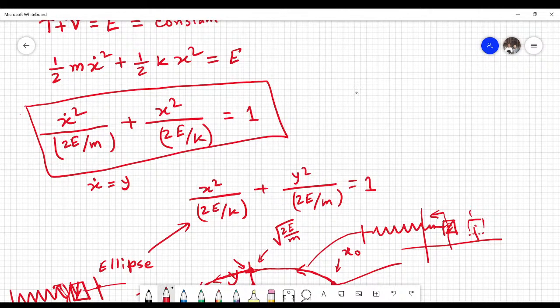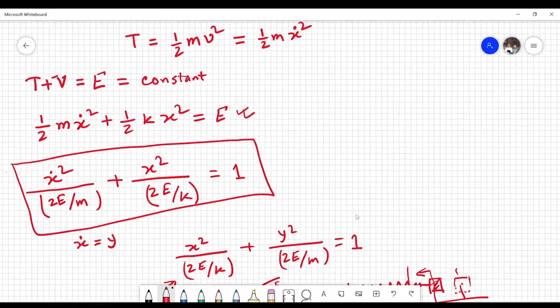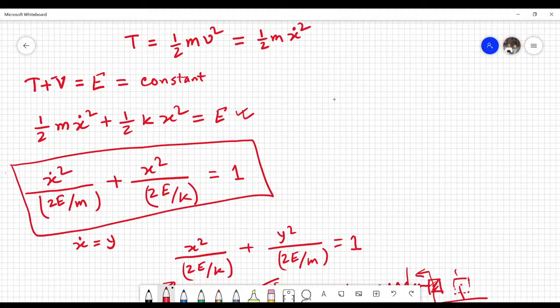So basically what you want to do is, starting from here, this energy equation, you can write it like half m (dx over dt) whole squared plus half k x squared equals E. So what you can do with this is integrate with respect to t and x, so you need to separate the variables.